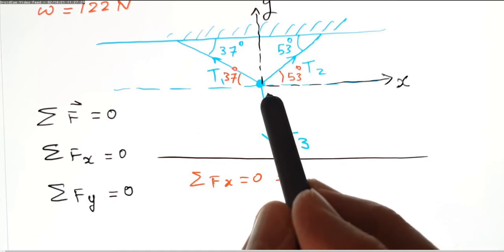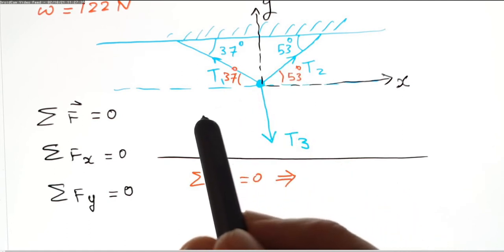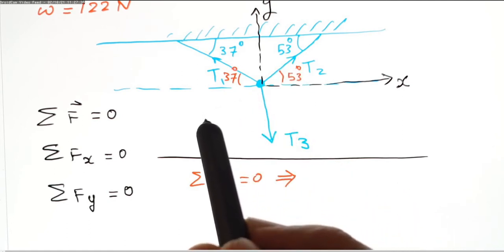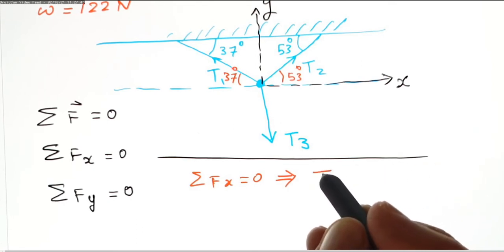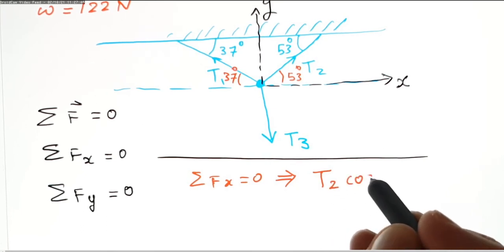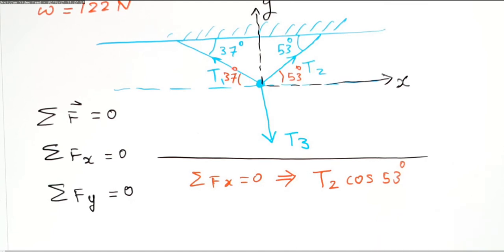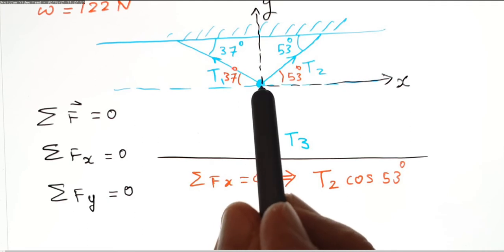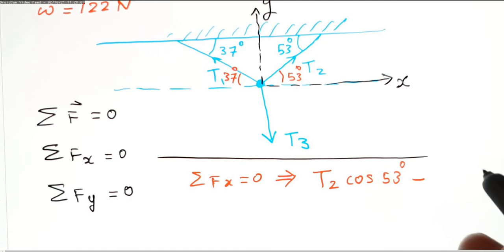We have in the positive x-axis the x component of T2. What is the x component of T2? It is T2 cosine 53. And we have in the negative x-axis, so put a minus sign, T1 cosine 37 degrees, and that is equal to 0.